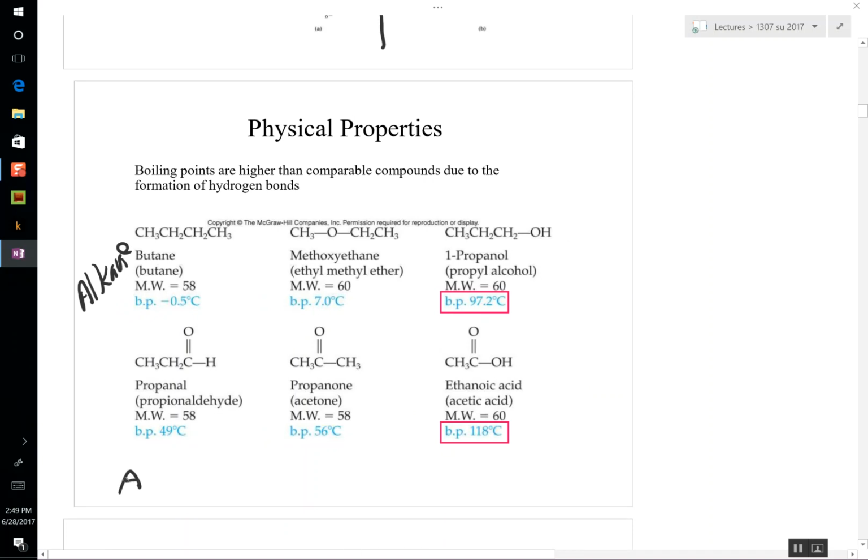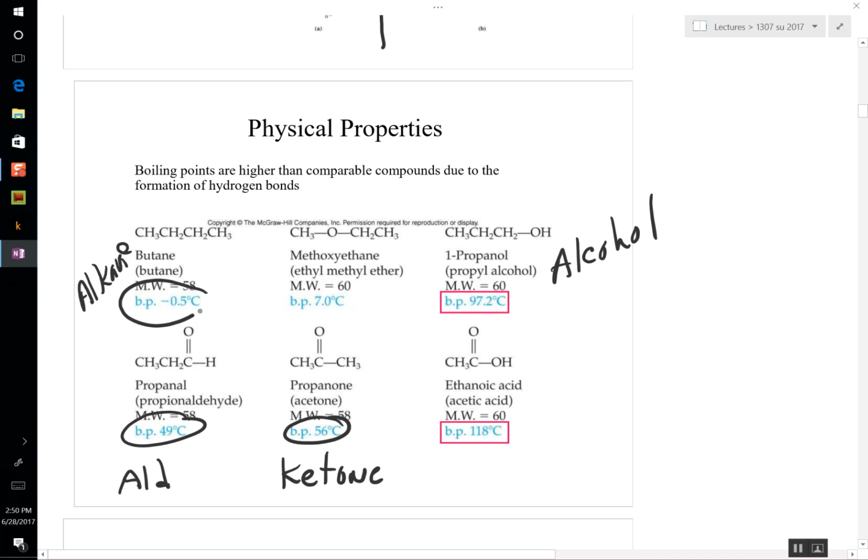Here's your aldehyde, here's your ketone, roughly 50 degrees centigrade. Don't get hung up on these exact numbers, just roughly what the boiling point is. Here's your alcohol, so we're going from about 0 up to 50, up to almost 100. And now the carboxylic acid, almost 120, 20 degrees higher boiling point than a comparably weighing alcohol.